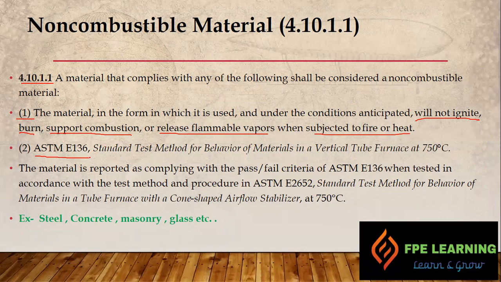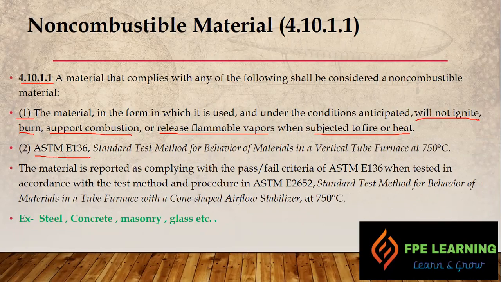These are the pass-fail criteria of ASTM E136 when tested in accordance with the test method and procedure like in ASTM E2652, which is the standard test method for behavior of materials in a tube furnace with a cone-shaped airflow stabilizer. So these are the standards under which this kind of material needs to be tested. As I discussed in the previous slide, steel, concrete, masonry and glass are examples of non-combustible material.